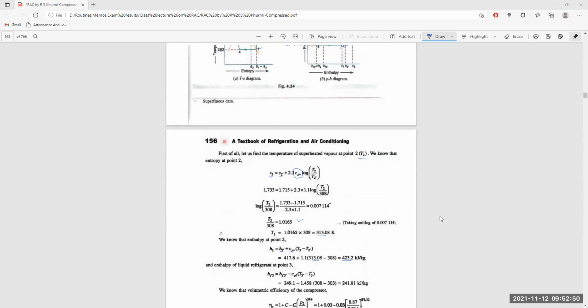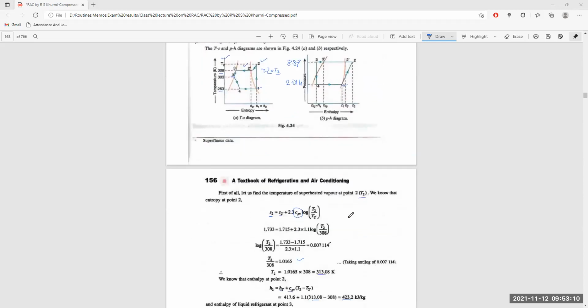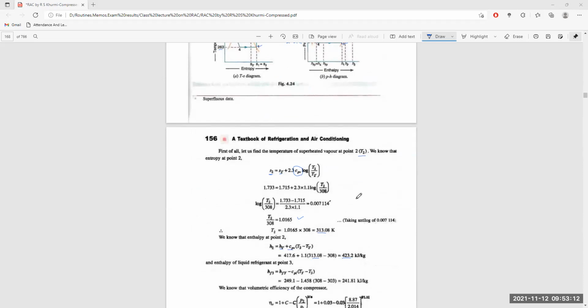We know the enthalpy at point 2, the refrigerant here. It is an isentropic process, so the entropy at point 1 is equal to that at point 2 itself. So H2 is equal to H2 dash plus CP times T2 minus T2 dash. We put in all these values, now that we know the value of T2, and we get the enthalpy at point 2.